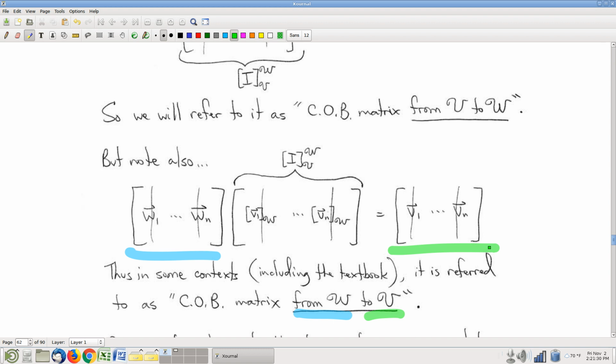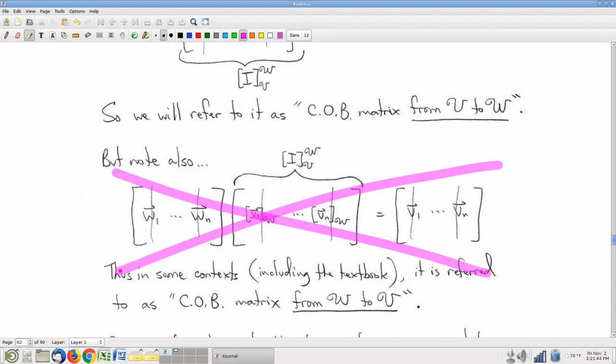It's very confusing. So let me tell you why I want to use the terminology that we're using. We're going to be inconsistent with the book on this one, and the reason is that in this course we are not going to do that at all. We have no use for this in Math 216. It has uses in other areas, and it's a very interesting, useful true fact, just not something we're going to use in Math 216.